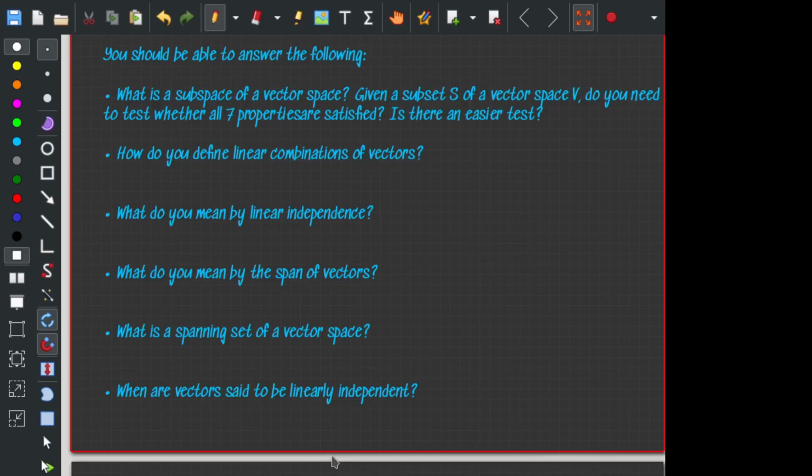Or another way to put this is that, if I give you vectors v1 up to vn, then v1 through vn are linearly independent if alpha 1 v1 plus alpha 2 v2 and so on plus alpha n vn is equal to the 0 vector if and only if all the alpha i's are equal to 0. If you take any non-trivial linear combination of the vectors, then it's never going to give you the 0 vector.